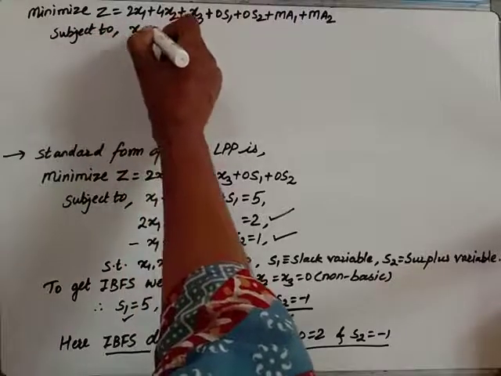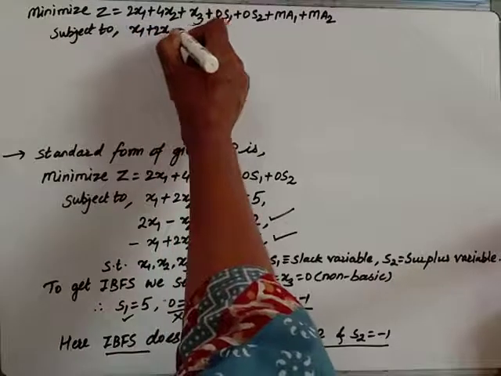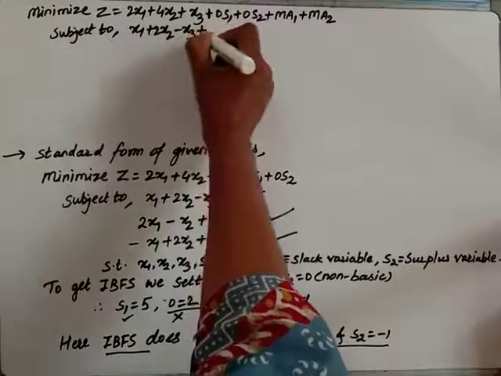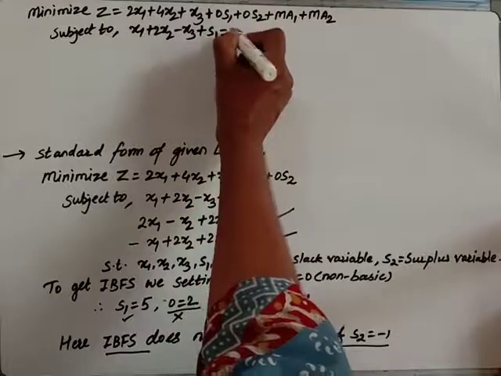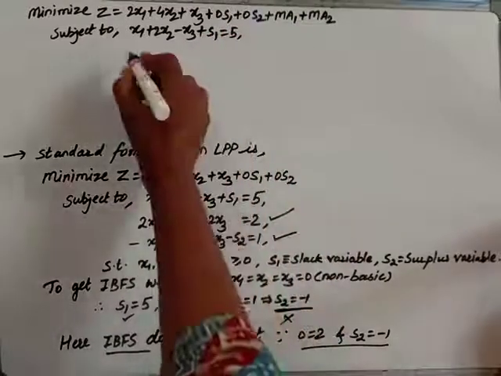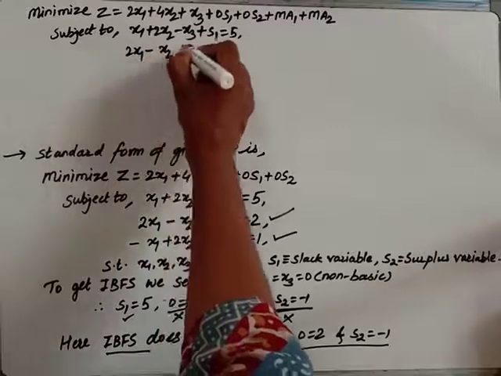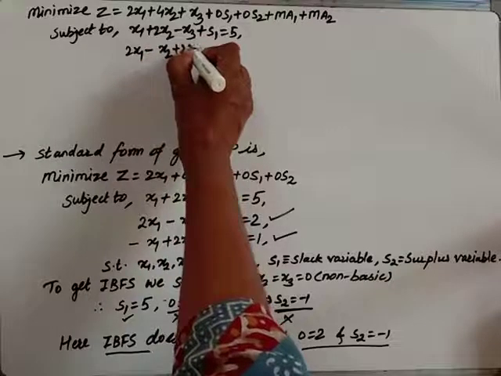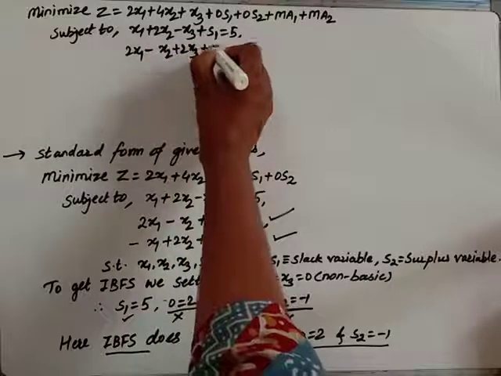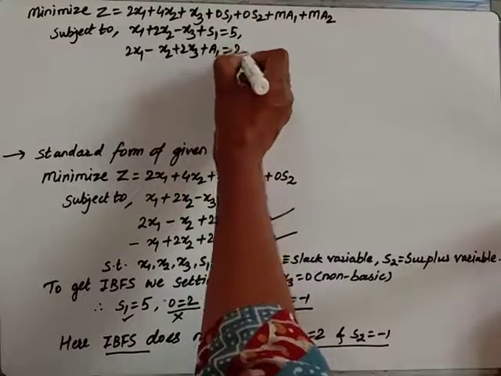x1 plus 2x2 minus x3 plus s1 equal to 5. The first constraint is okay. Now 2x1 minus x2 plus 2x3 plus a1 equal to 2.